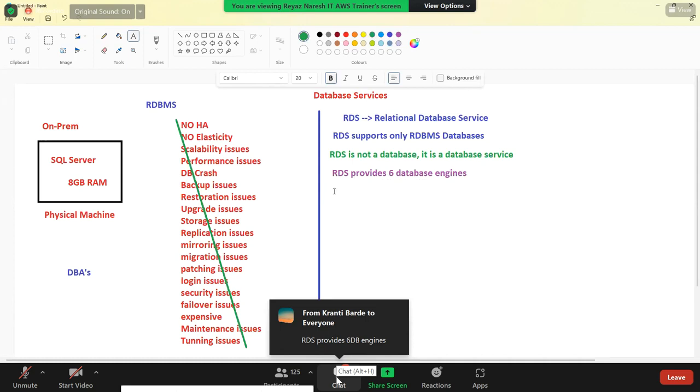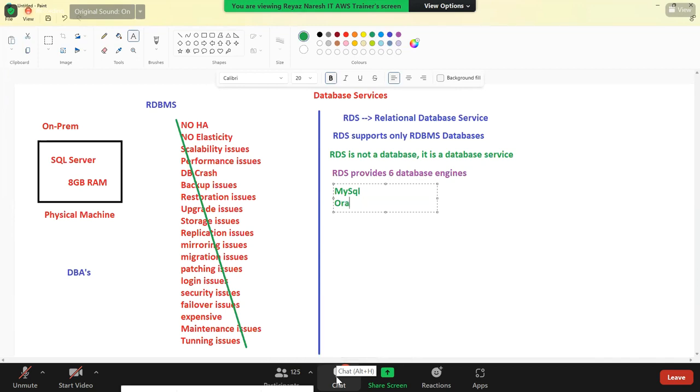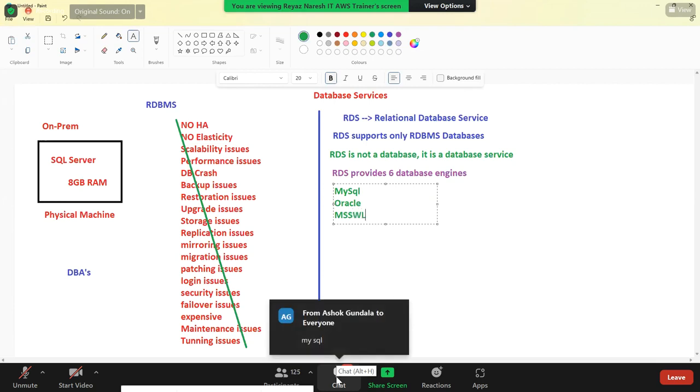Those are MySQL, Oracle, MS SQL, PostgreSQL, MariaDB, Aurora. So guys, these are the 6 engines provided by RDS.